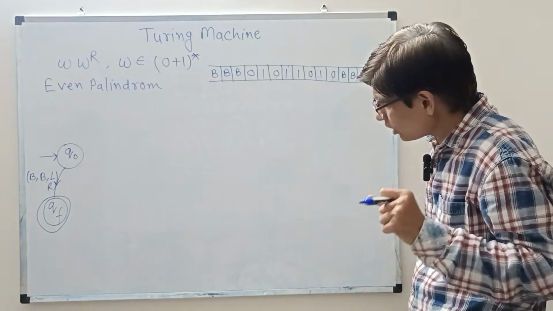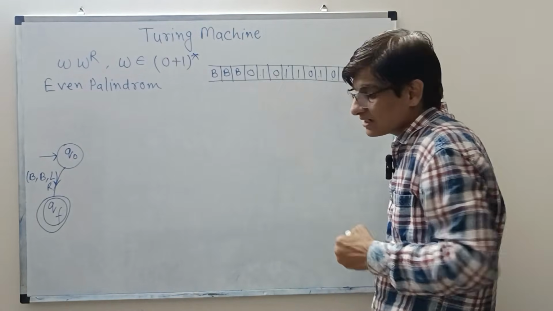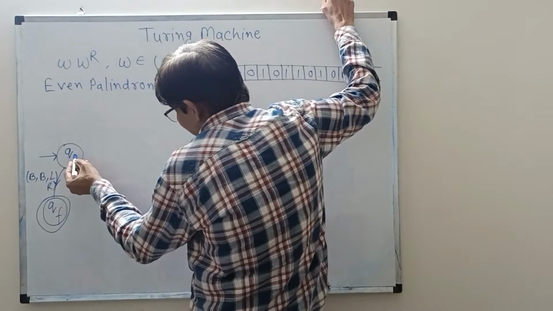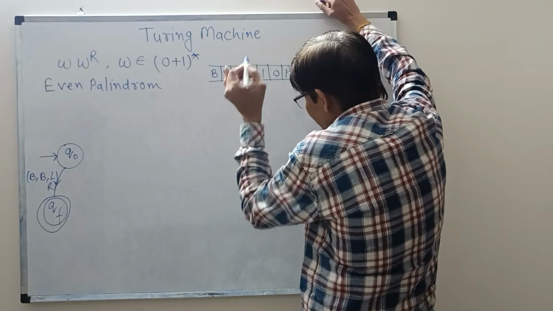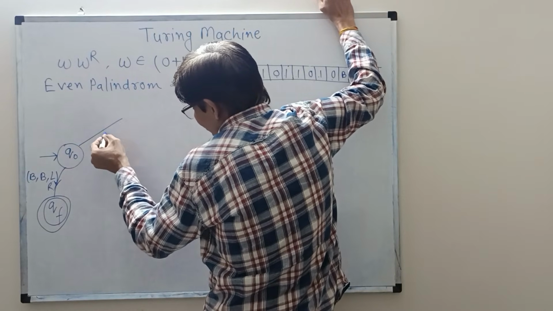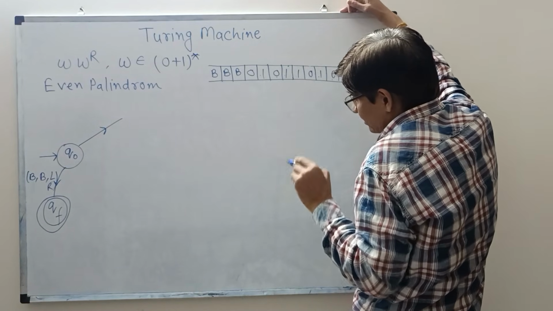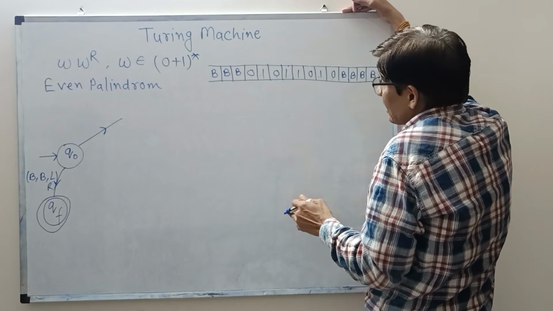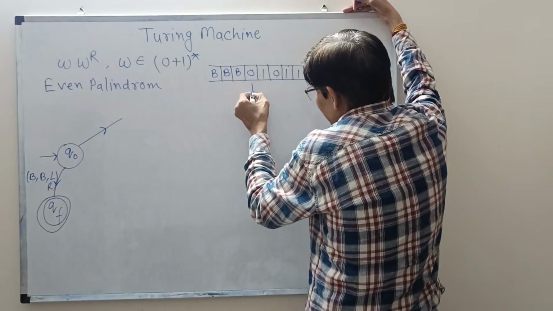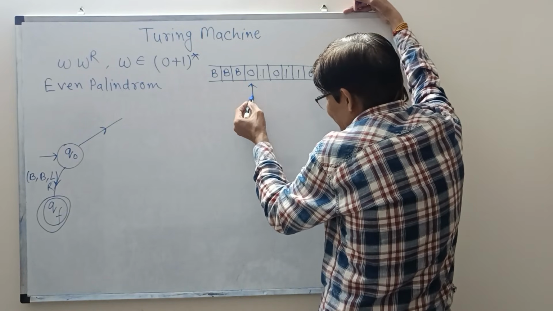So now on Q0, your string may be starting from 0 or 1. First I will consider that your string is starting from 0. So now on Q0, if you get 0, as per our logic, your initial head position is here.